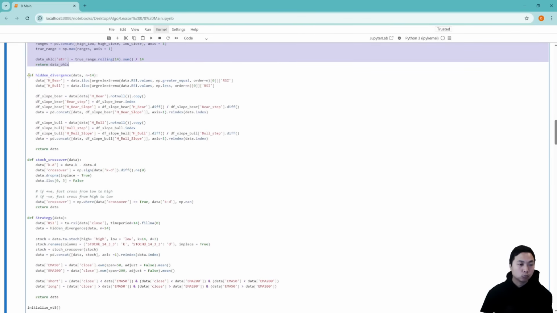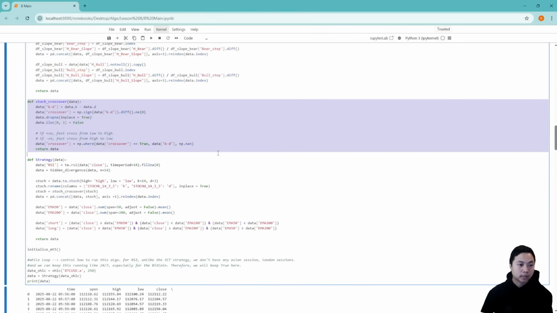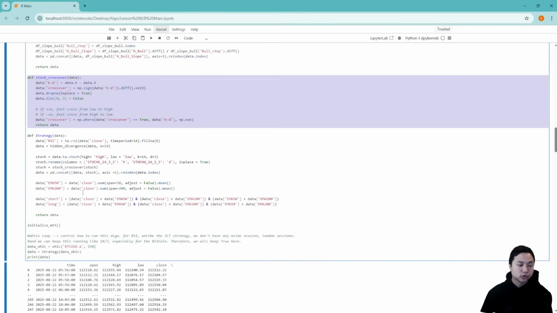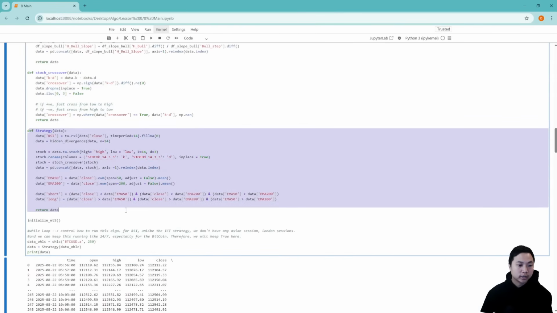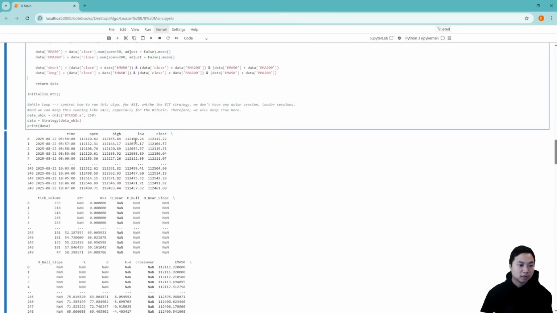And just like what we mentioned in the last few lessons, we have the hidden divergence function, we have the stochastic crossover function, and then we put these two functions all together with our entire strategy. So now we just initialize the MT5.